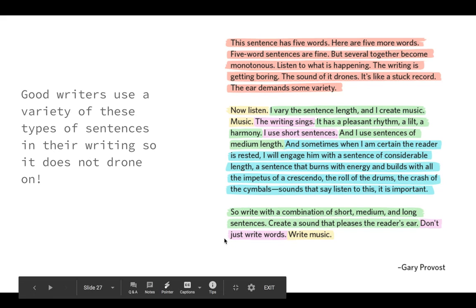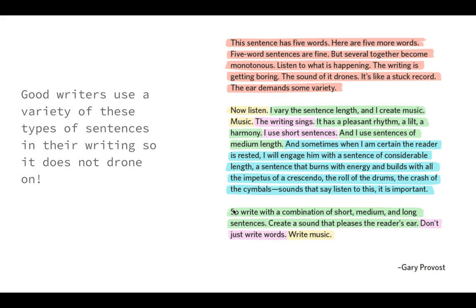So you see how this is so much easier to listen to and better to hear than this: 5-word sentences over and over and over. This just drones on. This, you have variety. It sounds interesting. It sounds like the writer is saying, like music. And I know that some of these words you don't necessarily know because they're music words, and we have not learned all of those.